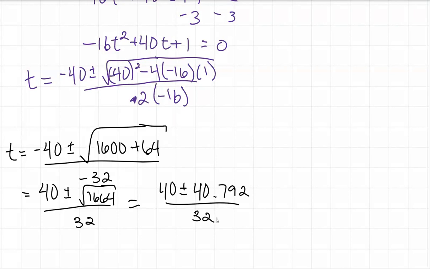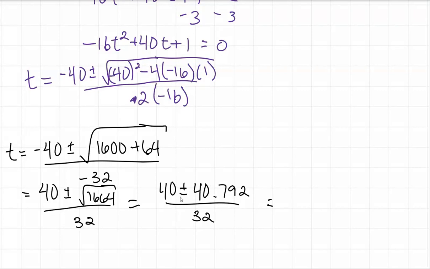If I add these two, I'm going to get a positive number. If I subtract these two, I'm going to get a negative. I don't really care for negative here, so I'm going to ignore that solution.